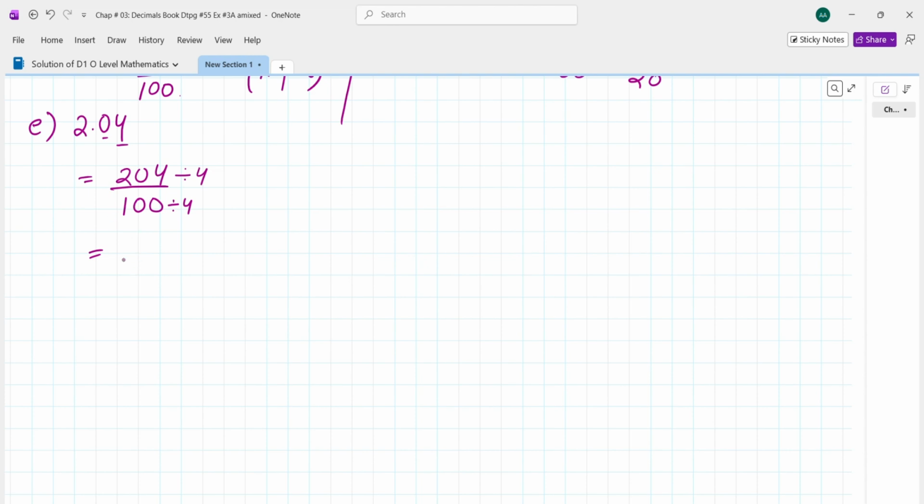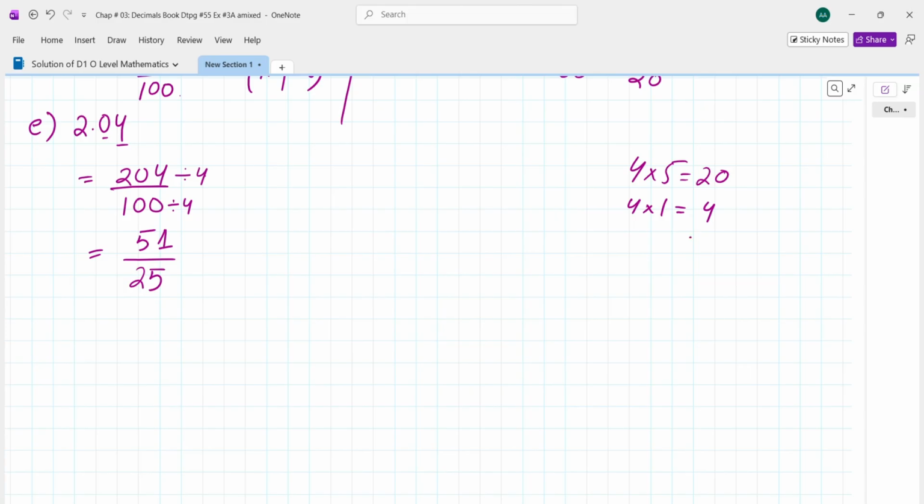The denominator will become 25, and the numerator will become 51, because 4 multiplied by 5 is 20 and 4 ones are 4.